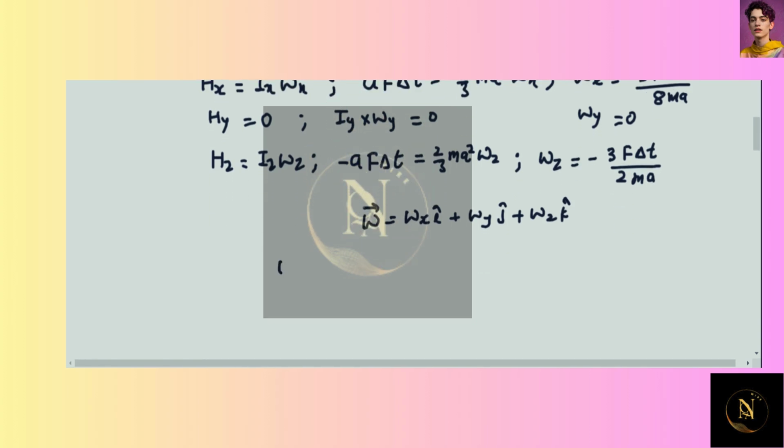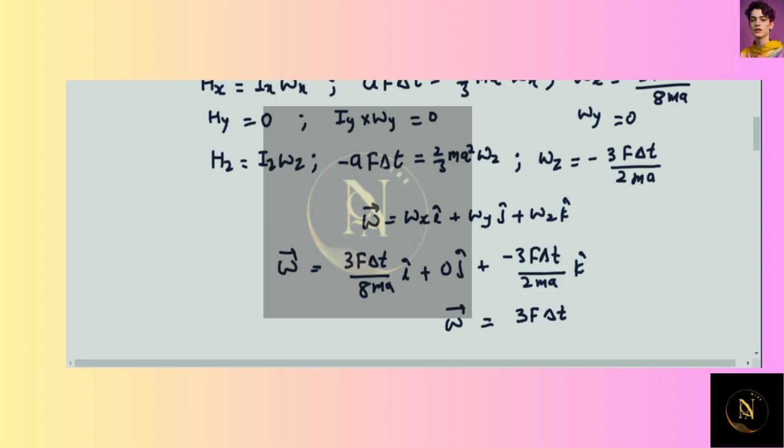So we can write omega x we have measured, 3F delta T upon 8ma I cap, 0 j cap, plus minus 3F delta T upon 2ma k cap, or after simplifying we can also write 3F delta T divided by 8ma times I cap minus 4k cap. So this is the answer for B part of this problem.